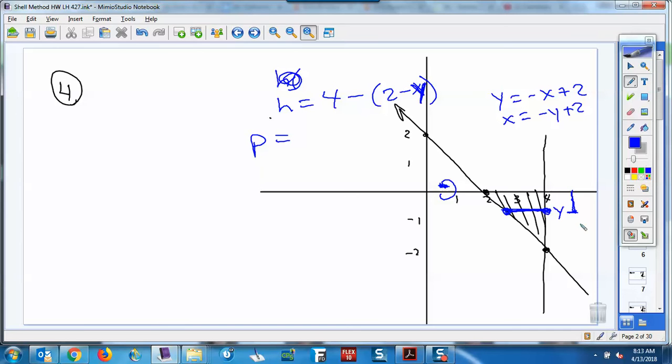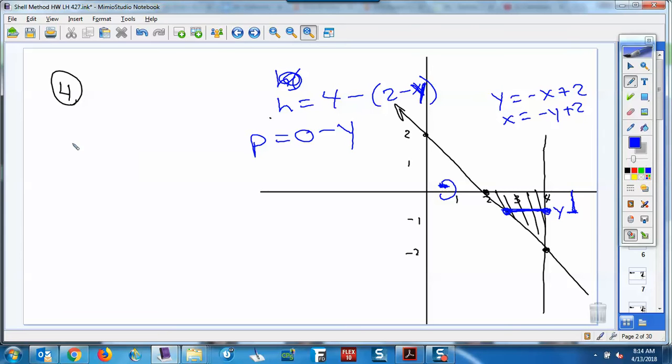So 0 minus Y is what you want, and it makes sense because this strip is at a negative Y location. If I put in Y minus 0, that's going to be a negative value. P is going to be negative. We don't want that. We want H and P to be positive numbers. That's why it's got to be 0 minus Y.